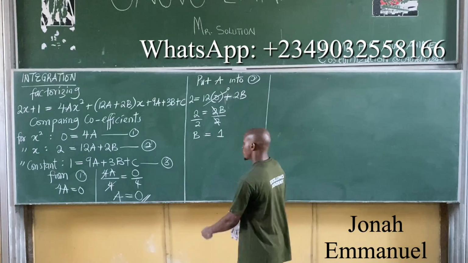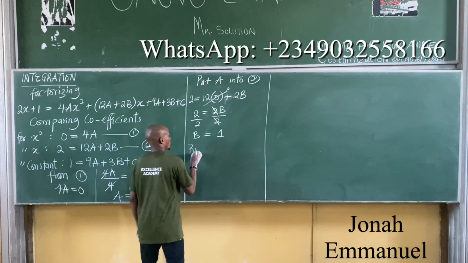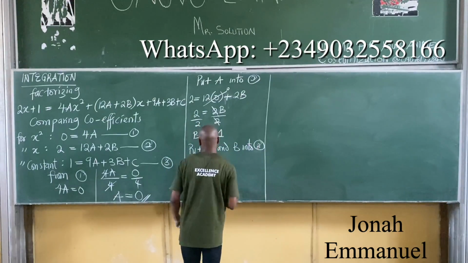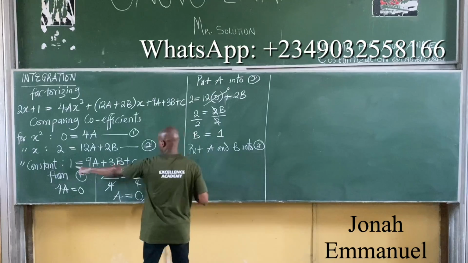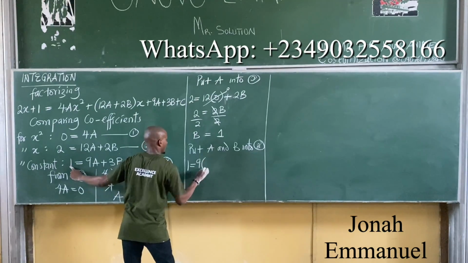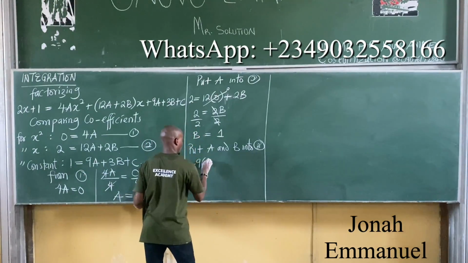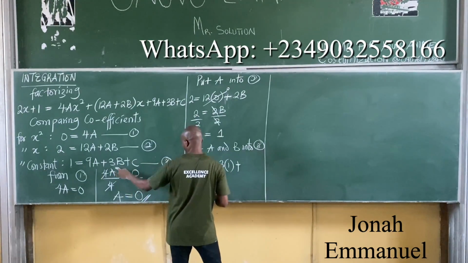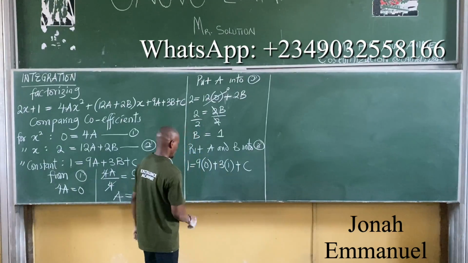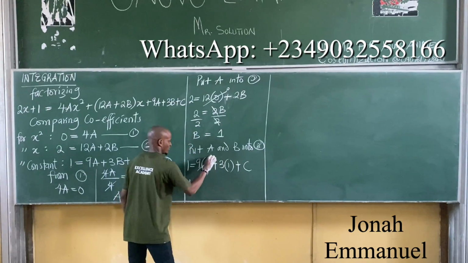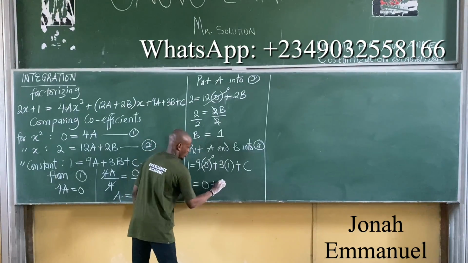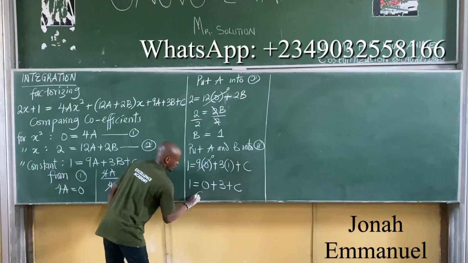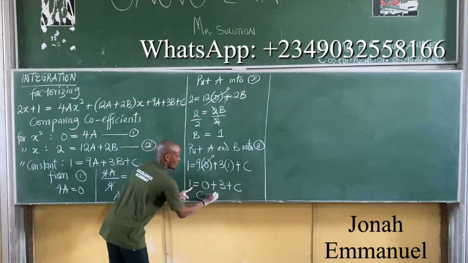Let's get C. So put A and B into 3. Into 3, what do I get there? 1 is equal to 9 times A, 9 times 0, plus 3 times B, 3 times 1, plus C. So 1 is equal to 0 plus 3 plus C. Alright, so C will be equal to 1 minus 3.